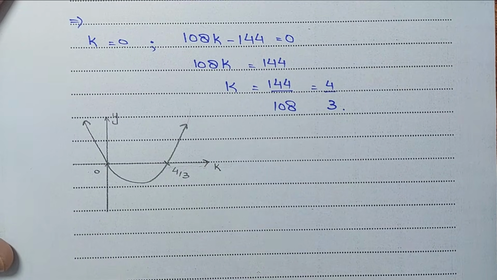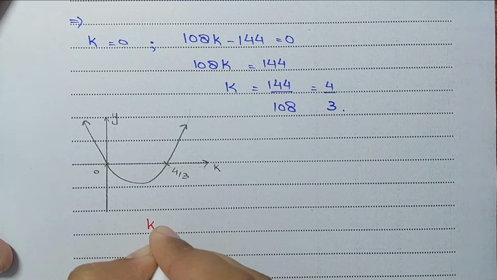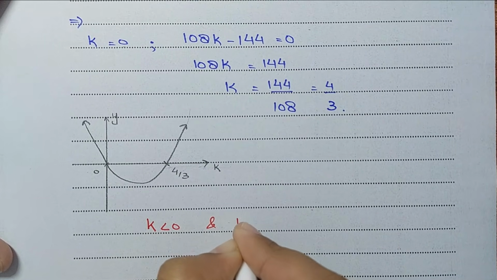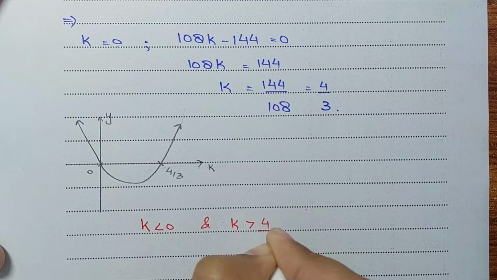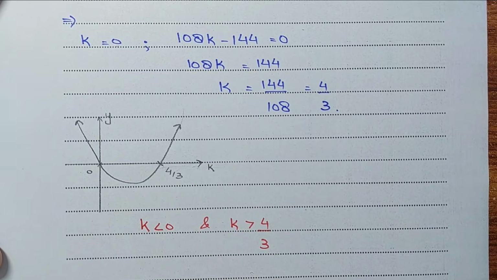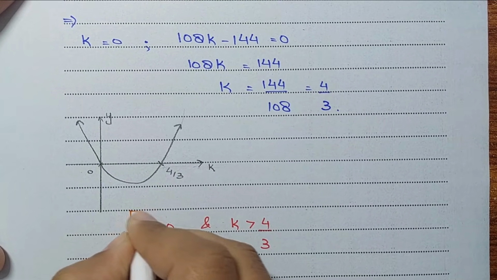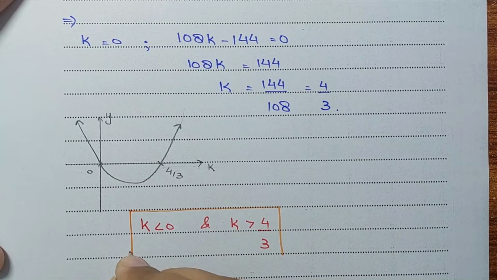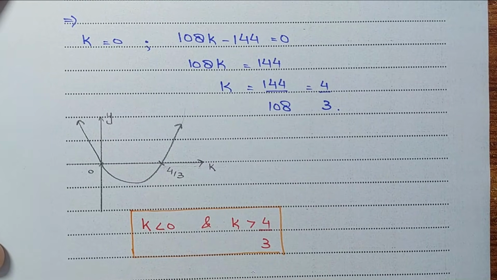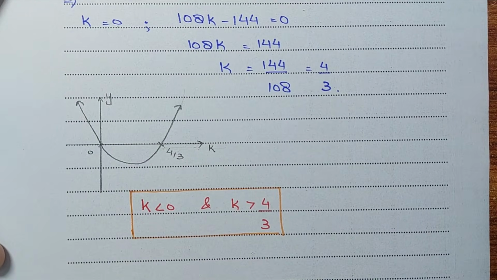So these are the two sets of values of k. k should be less than 0 and k should be greater than 4/3. These are the solutions, the set of values of k when it has two distinct points of intersection.